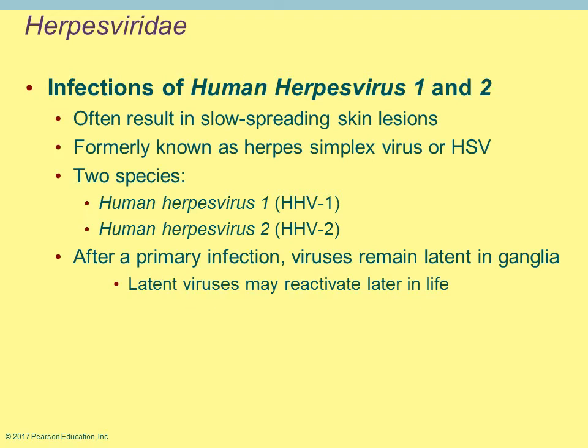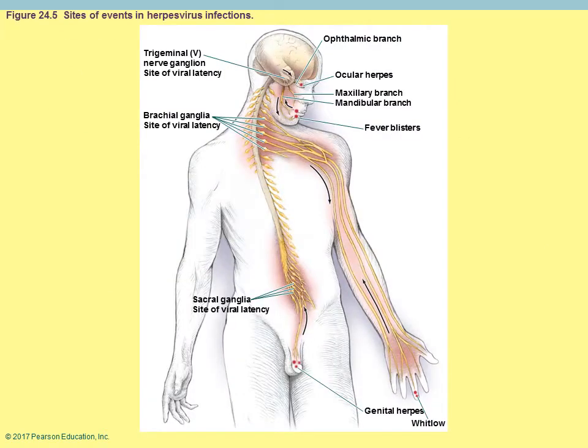It used to be known as herpes simplex, but now it's human herpes virus 1, human herpes virus 2. After that primary infection, the viruses can remain dormant, or latent is the term we would use. They remain latent in the ganglia, the nerve, and can be reactivated later on. So this is showing some of the sites where the herpes virus can become infected and then remain latent.